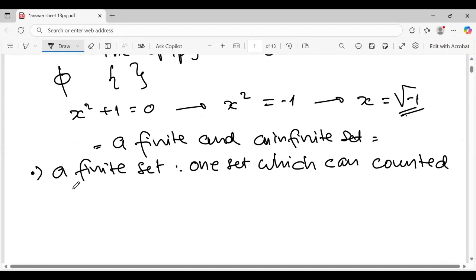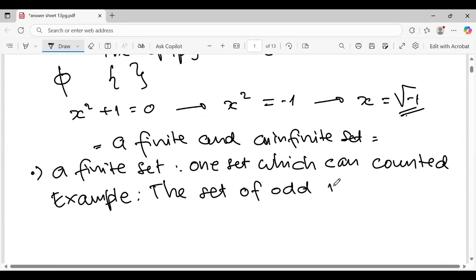For example, the set of odd numbers. If the set name is set C, I can write it like this. The odd numbers are 1, 3, 5, 7, and so on.